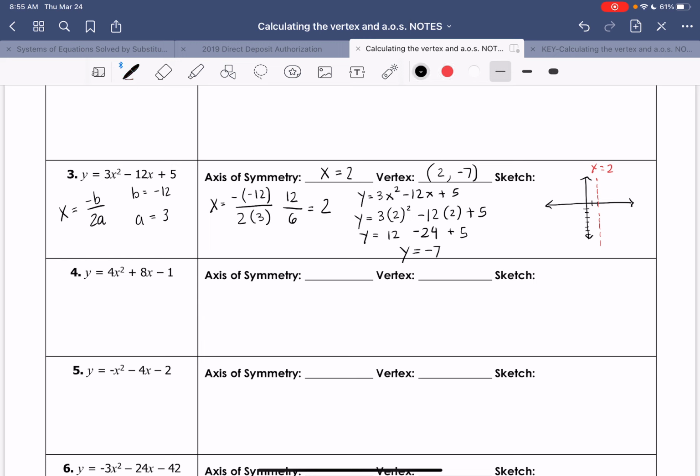And then our vertex is positive 2, negative 7, this dot that I drew down here. And our overall graph is positive, so I'm going to go ahead and draw my parabola this way, like that. Okay.